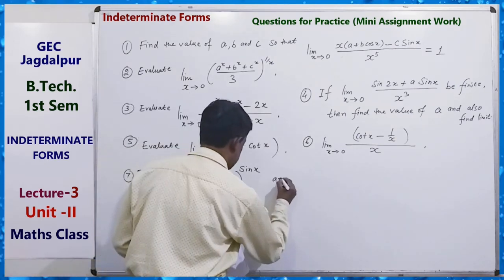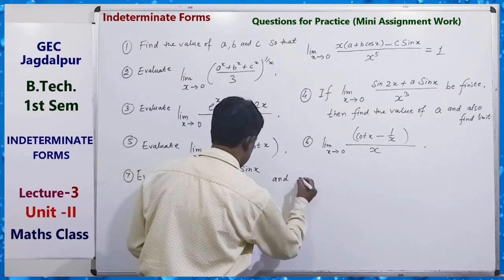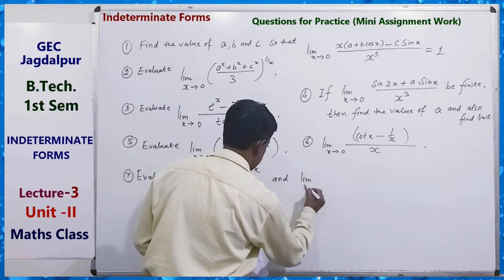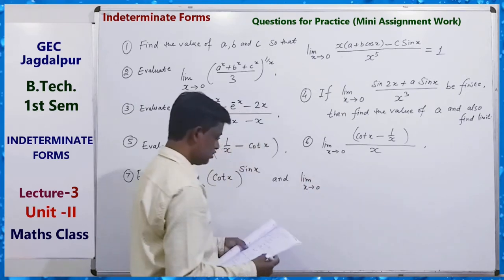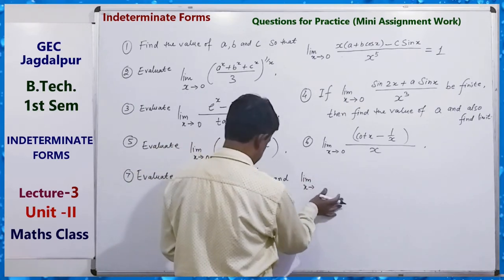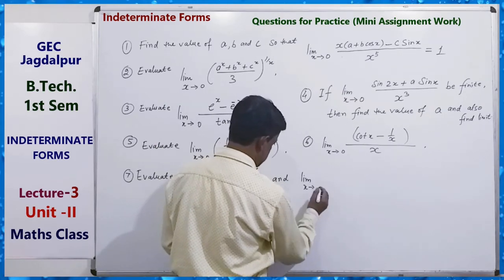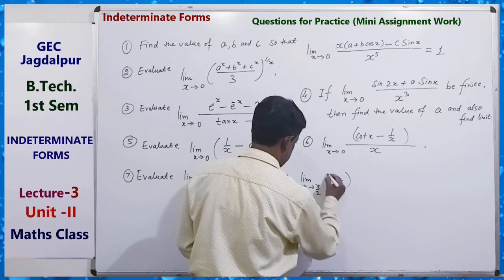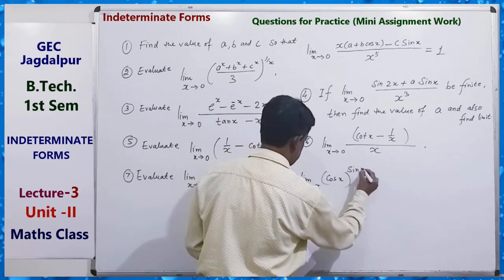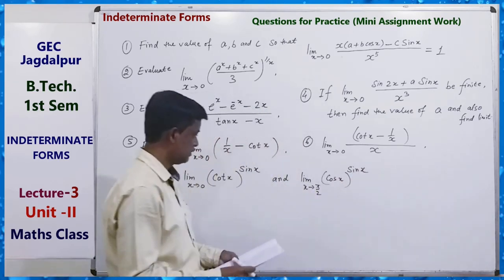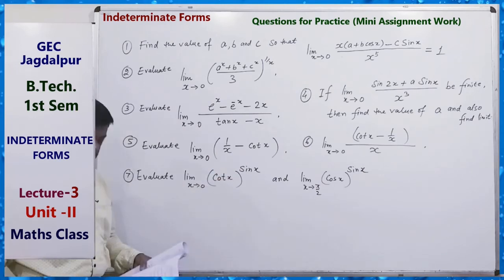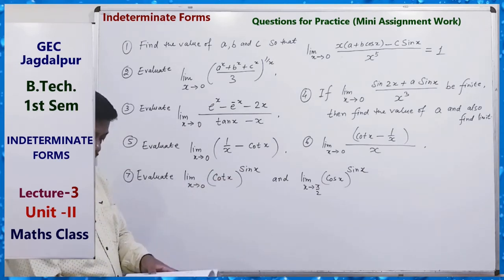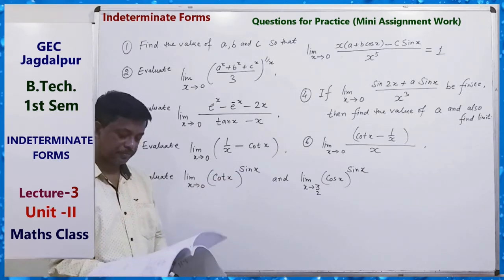And limit as x tending to pi by 2 of (cos x) to the power sin x. Just evaluate these two both. Okay.